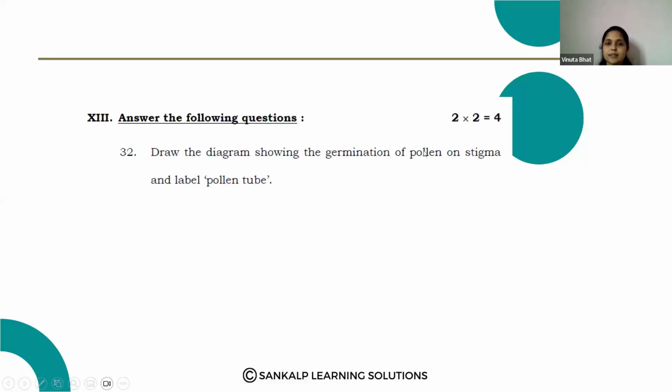So next we are discussing the 2 mark questions. Draw the diagram showing the germination of pollen on stigma and label the pollen tube. This is the 2 mark question diagram you have to draw. I hope you are familiar with this diagram.